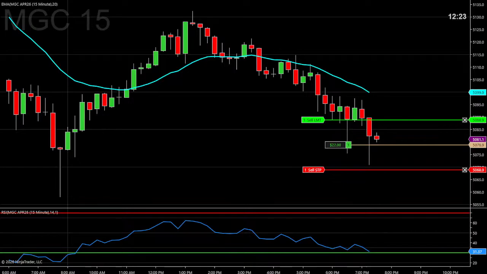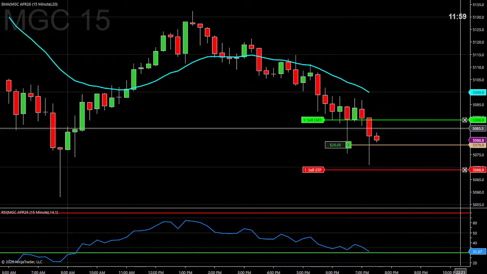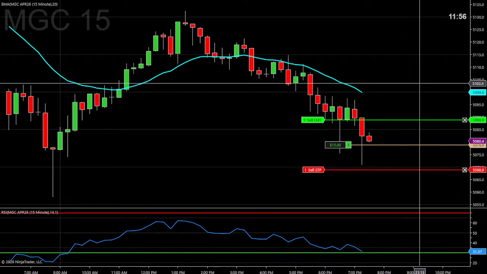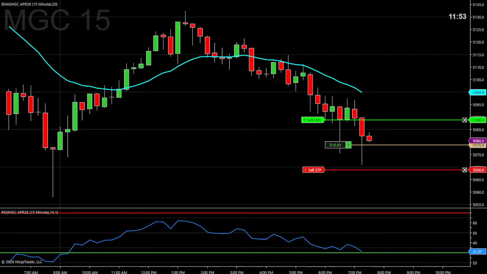Gold, working for now. There's plenty of evidence. I did lose a trade before because I was going long. You can cut this one short, and then stick with it.